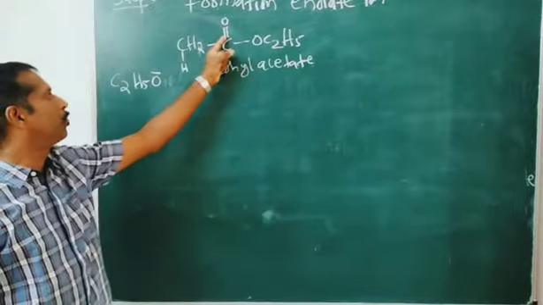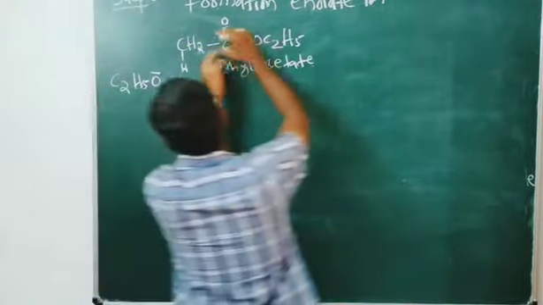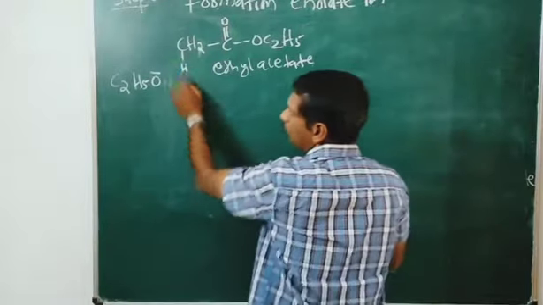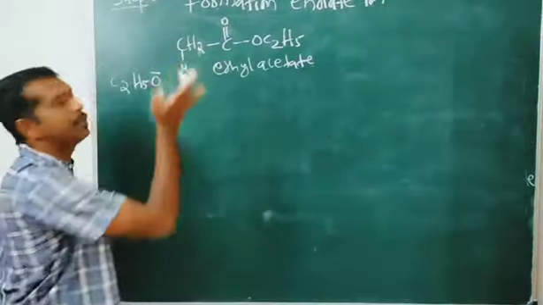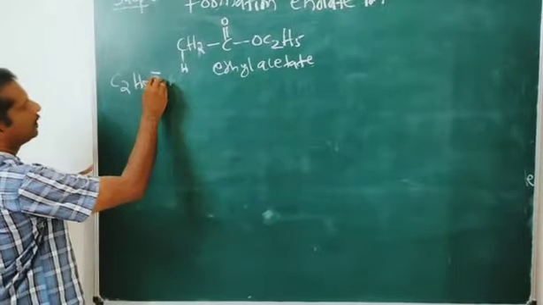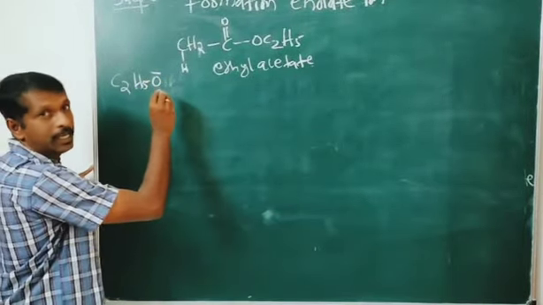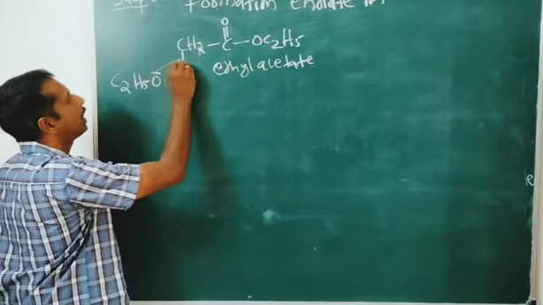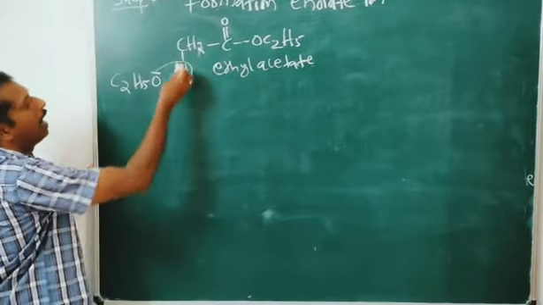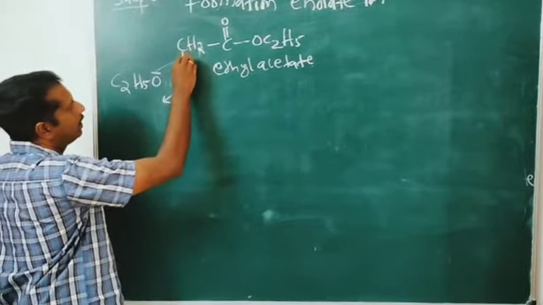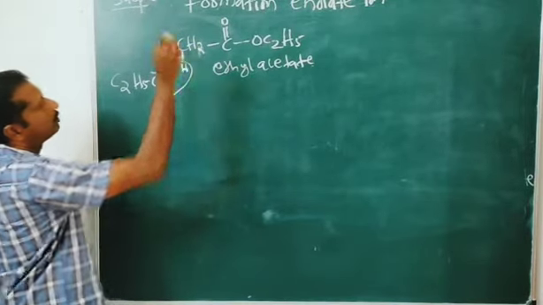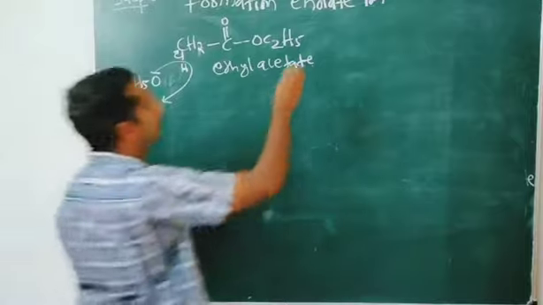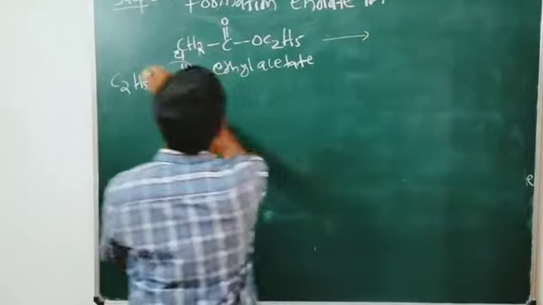Because the electron withdrawing group is here, these protons can be easily removed. That means these hydrogen atoms are acidic in nature. This is our base, sodium ethoxide. The ethoxide ion removes a proton from this carbon, and this bond is shifting to the carbon. So what will be eliminated?